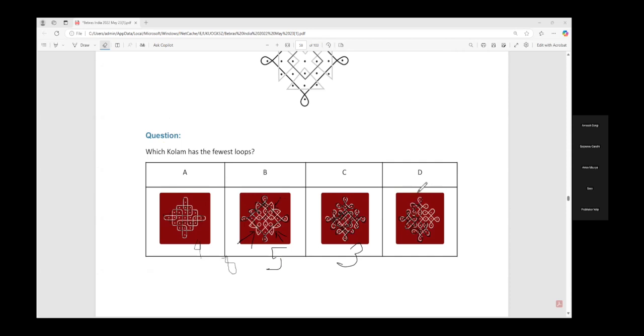It's a bit lengthy, but if we keep tracing this, eventually we will only have one loop. This entire thing is one loop. Even these get traced out. And this has only one loop. So option D has the fewest loops.